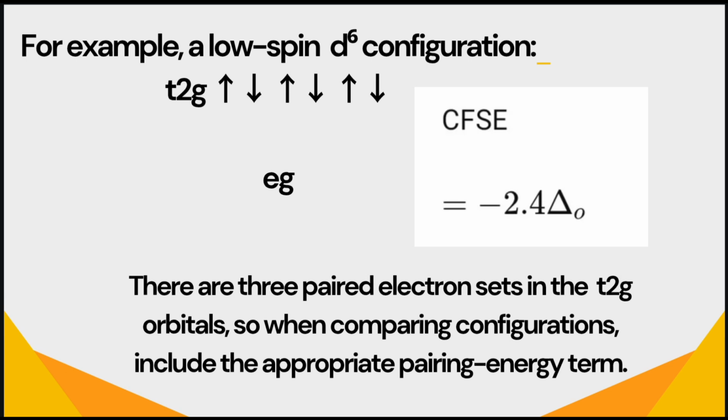So CFSE is equal to 6 times -0.4, which gives -2.4 Δo. There are 3 paired electron sets in the t2g orbitals. So when comparing configurations, include the appropriate pairing energy term.